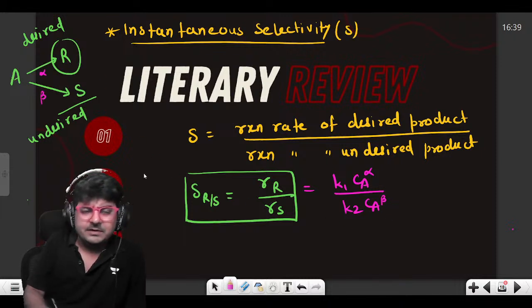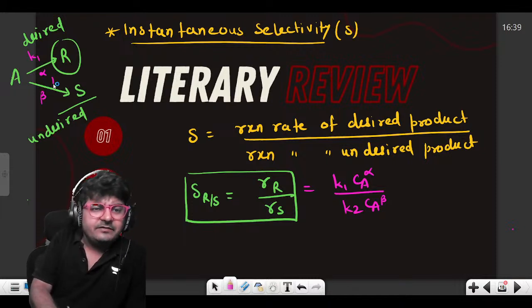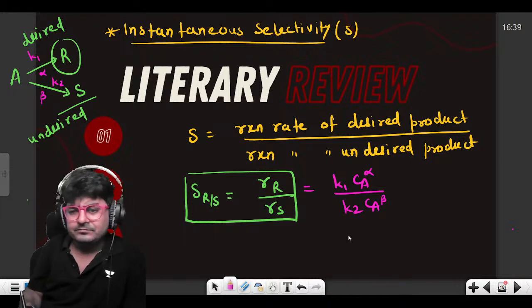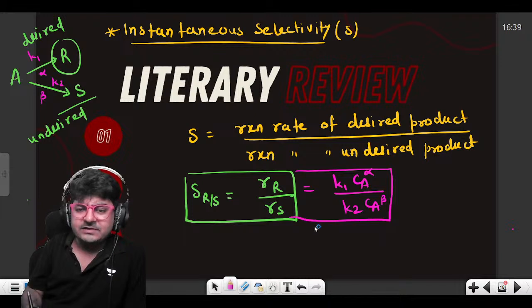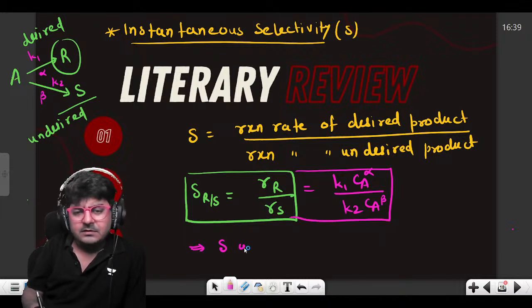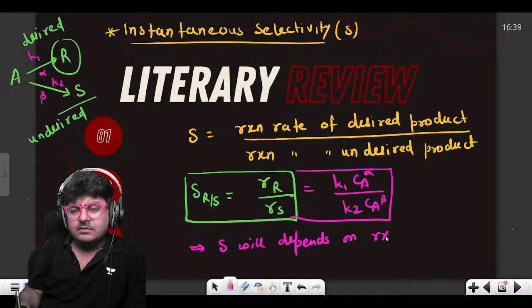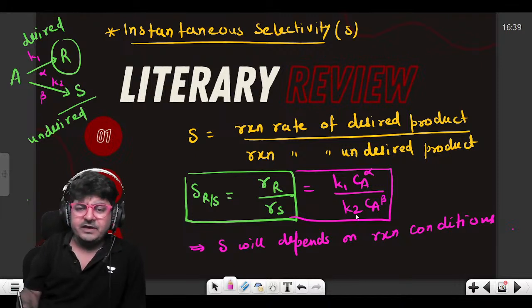Order is alpha and beta. Rate constant K1 and K2. So in this case, you can see instantaneous selectivity will depend on reaction conditions, because this is the concentration of a rate constant K because of the rate of reaction.